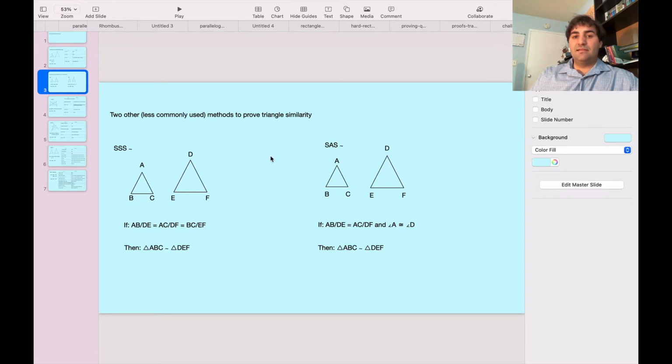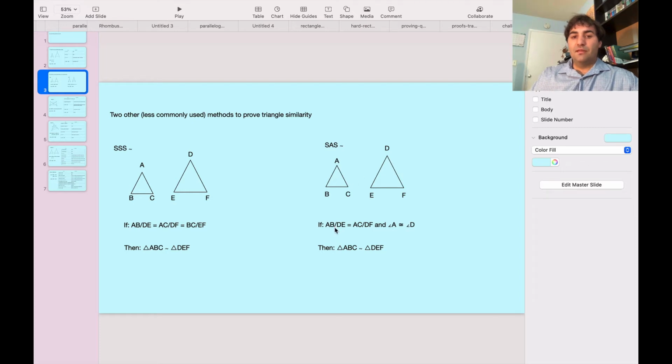The other one's SAS similarity, so side angle side for similar triangles. Don't confuse this with the side angle side method for congruences. Using this method, we have to know that two sides of one triangle are proportional to their corresponding sides in the second triangle, and we have to know that the angle between these two sides we pick is going to be congruent.